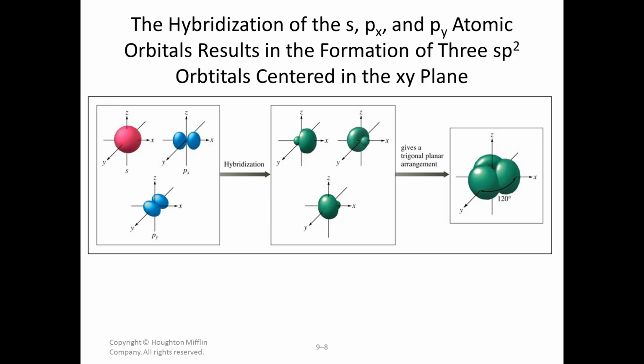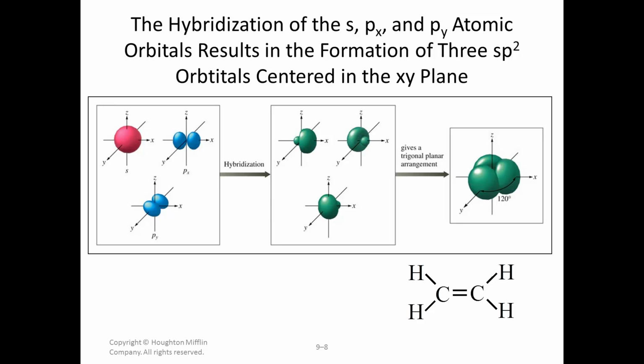Now when we mix an s and 2p orbitals together, we get a new type of hybrid orbital. If we look, for example, at ethylene, we have 3 groups of electrons around our carbon atoms. That requires 3 hybrid orbitals. We take an s orbital and 2p orbitals to get sp2 hybridized orbitals.